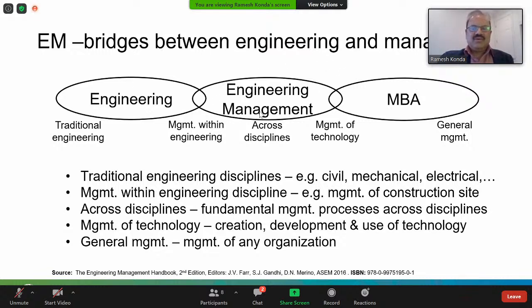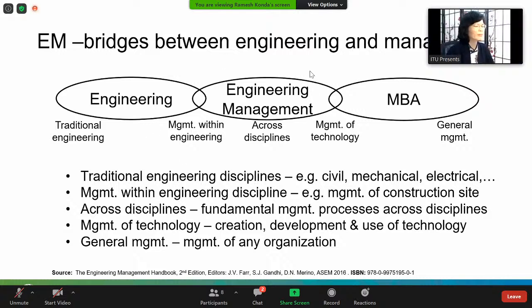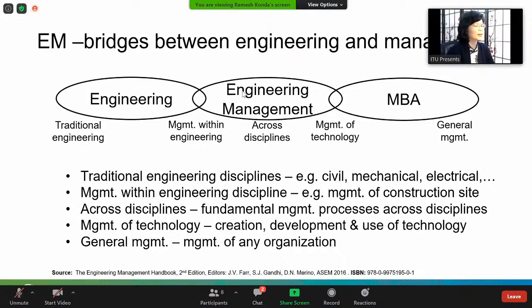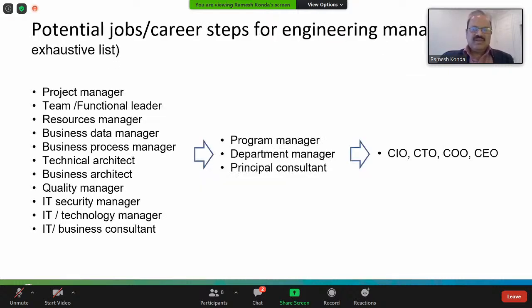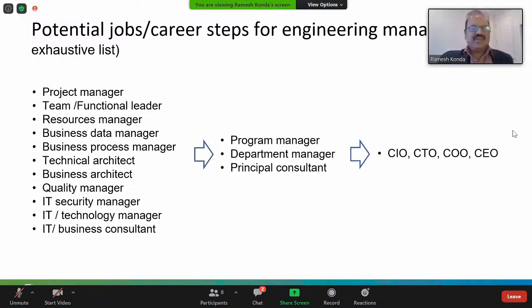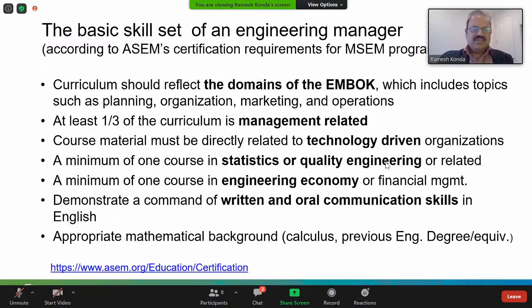You will be called an engineering management degree specialization. This gives you good management skills and also your own engineering field. It's a combination of both put together. Once you complete engineering management, you can become a program manager, department manager, principal consultant, and all the way to C-level executives.